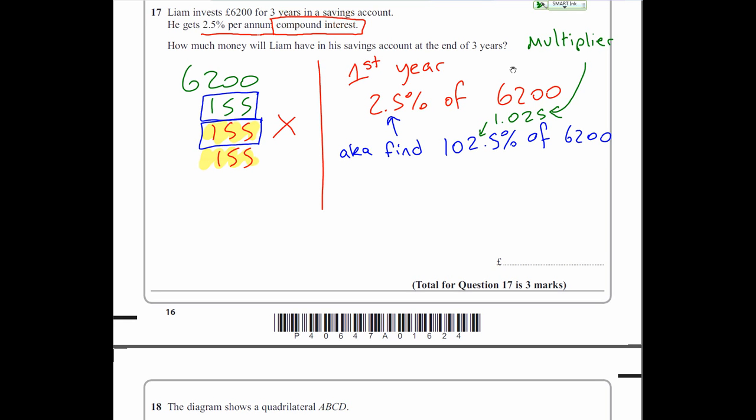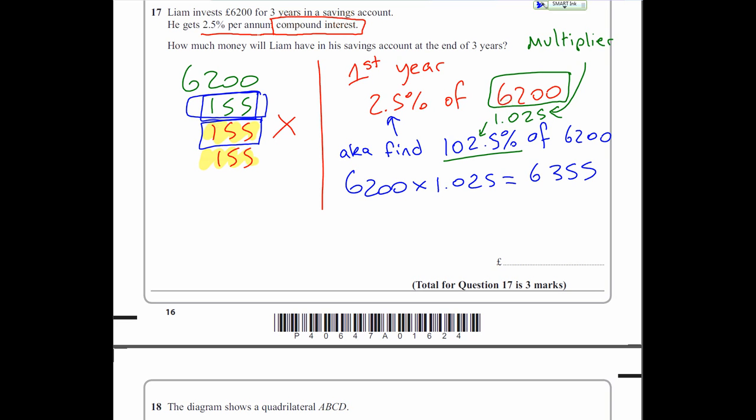If you want to find 102.5% of 6,200, grab your calculator, do 6,200 times by your multiplier. Okay? And you get 6,355. Like I said, we've added on 155.